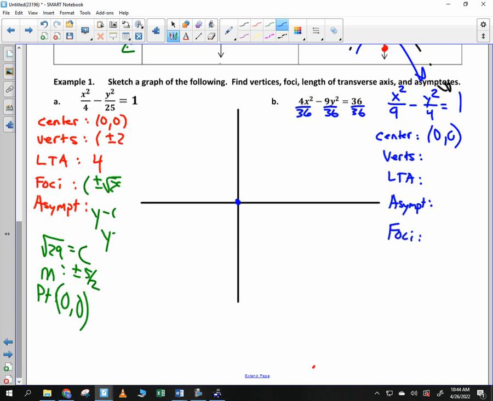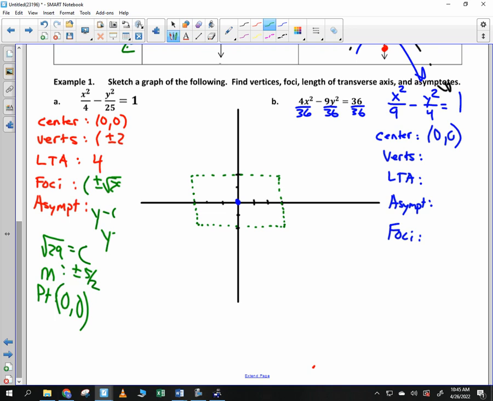I'm going to make my ghost box. How many units do I go in the x direction? 3. How many units do I go in the y direction? So from the center, I went 2 units down and up, and I went 3 units right and left, and now I've got this ghost box.